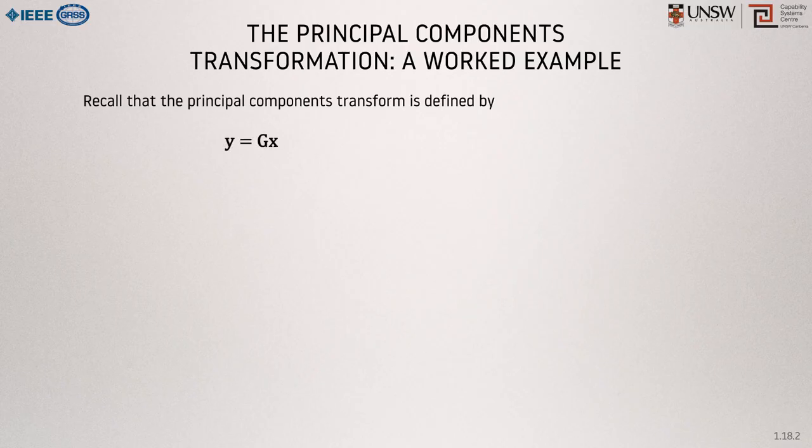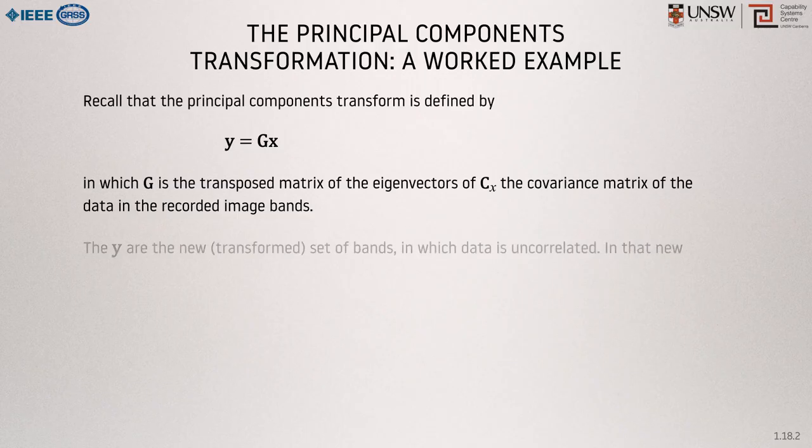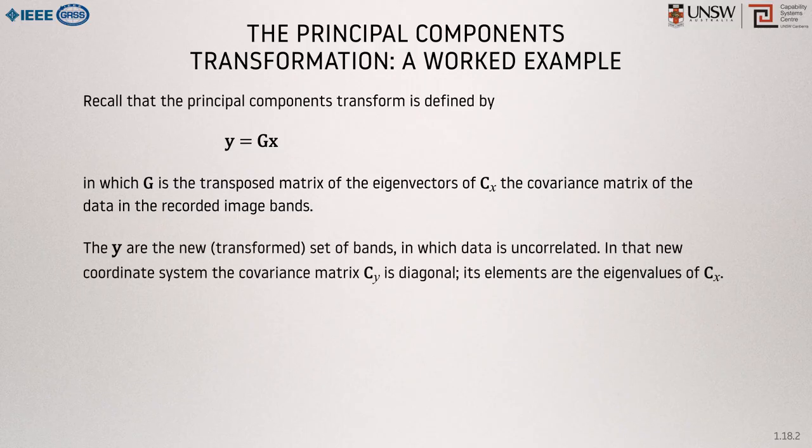The equation at the top shows how we generate the principal components, that is, the new bands y, from the original set of bands x. That relies on the elements of the transformation matrix G. We get the elements of G by computing the eigenvectors of the original covariance matrix C subscript x.